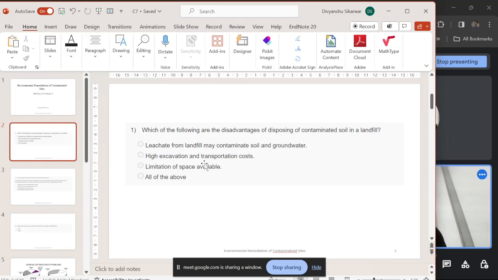I will show you some problems, and you try to solve them. Then we will discuss. Okay, this is the first problem. The first problem says, which of the following are the disadvantages of disposing of contaminated soil and land?